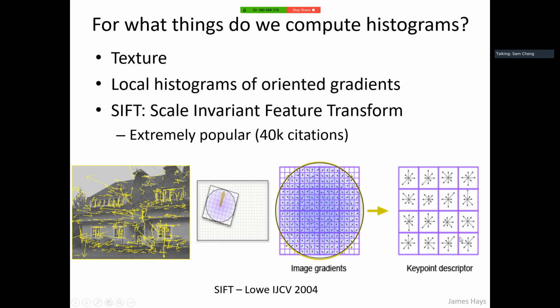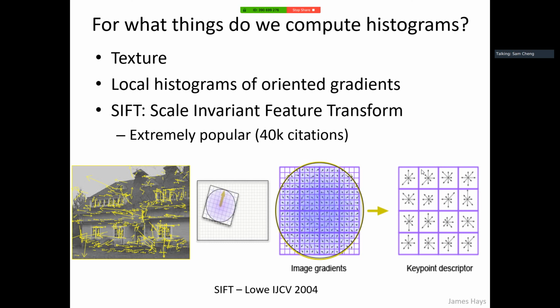And for each of the histograms, it depends on how many directions you allow. Typically, for example in SIFT, you allow 8 directions. So then you have 8 times 16, in total 128 elements.